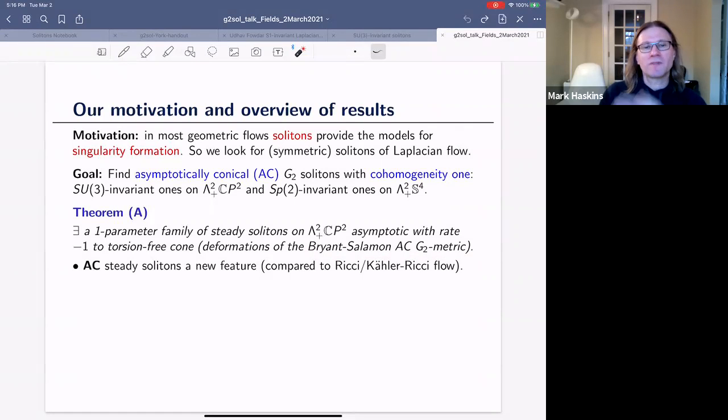So these are steady, non-torsion-free things that are asymptotic to a torsion-free cone at infinity.